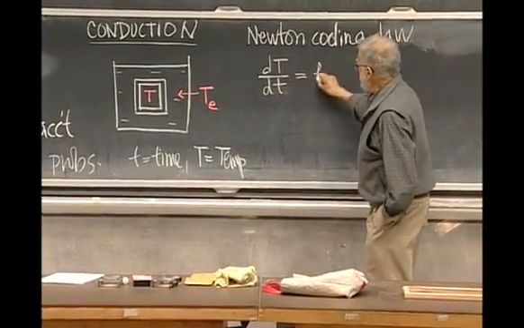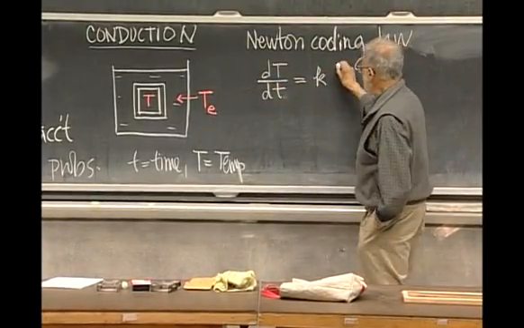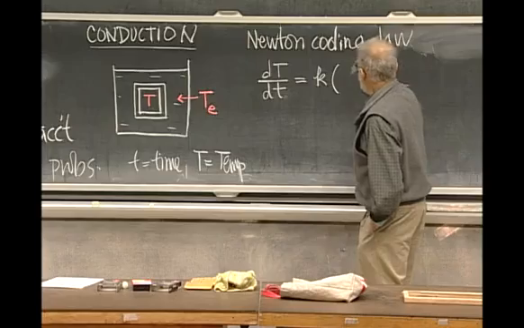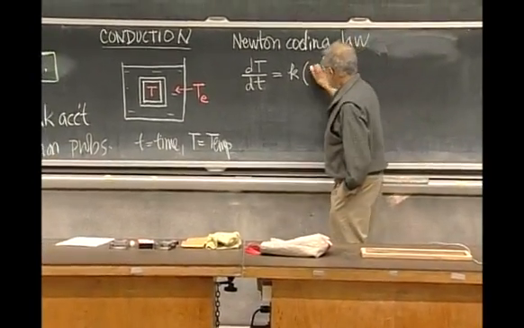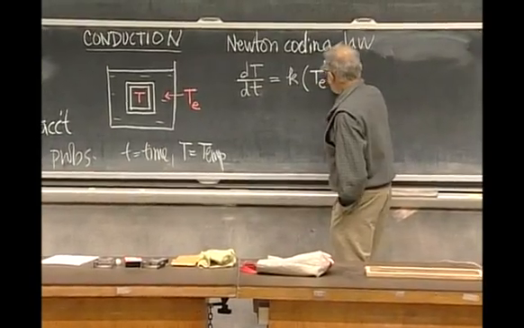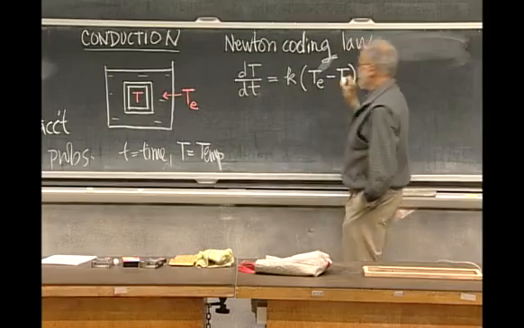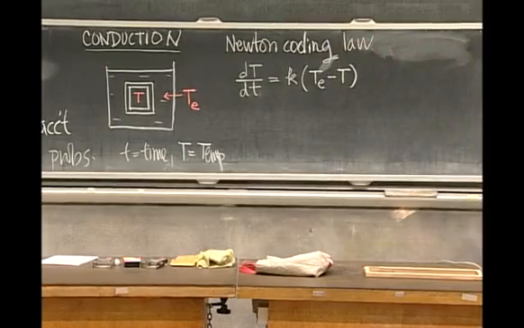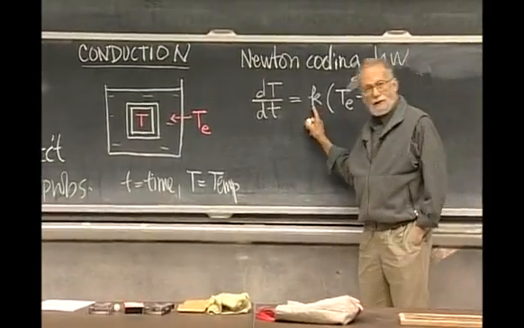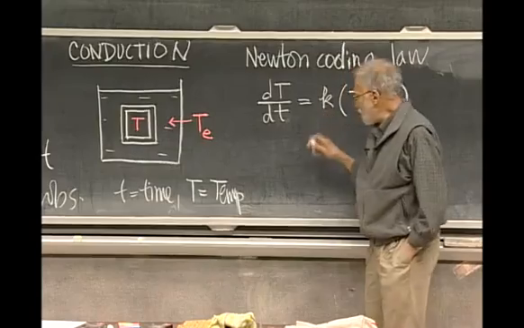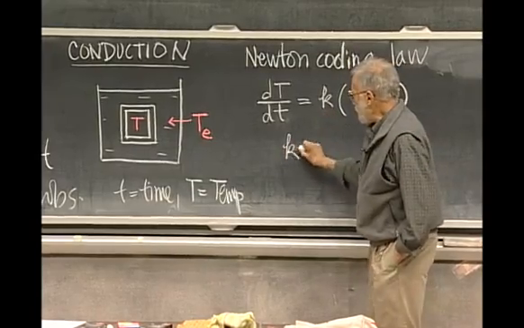So it's proportional to the temperature difference between these two. Now, how shall I write the difference? Write it this way, because if you don't, you'll be in trouble. Now, why do I write it that way? Well, I write it that way because I want this constant to be a positive constant.